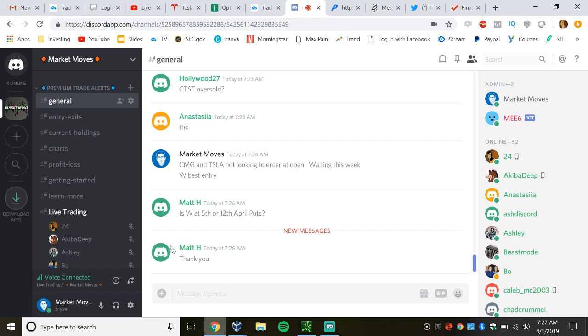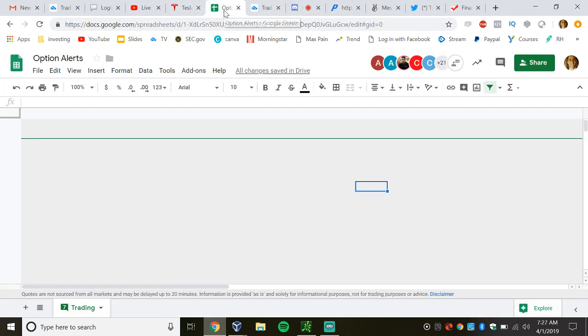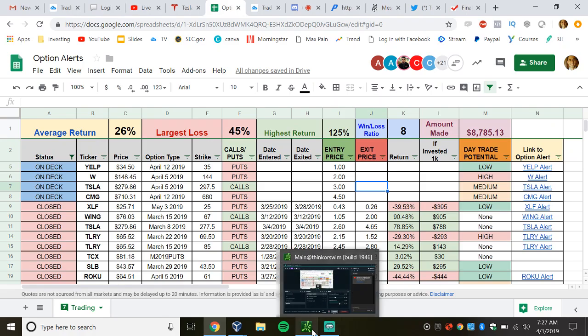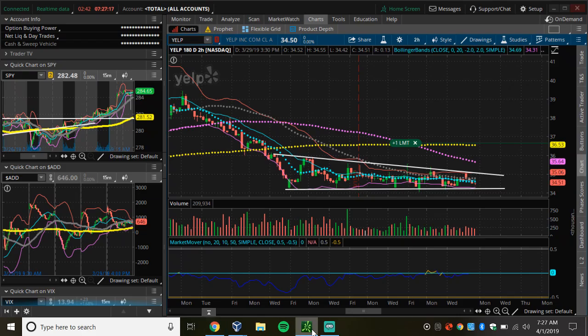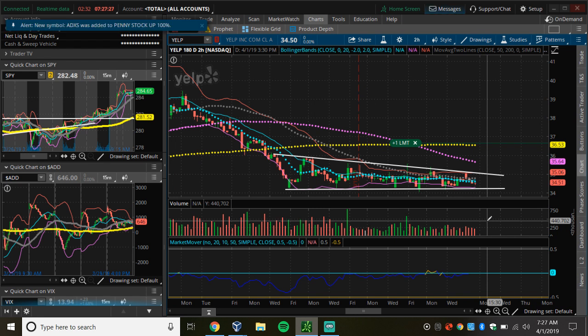The big thing is, if you guys are trading these alerts today, we don't usually do this, but this might be a day trade, especially W or Yelp, just because a breakout could be a false breakout almost instantly. So we want to be looking to either take profit or take a loss.